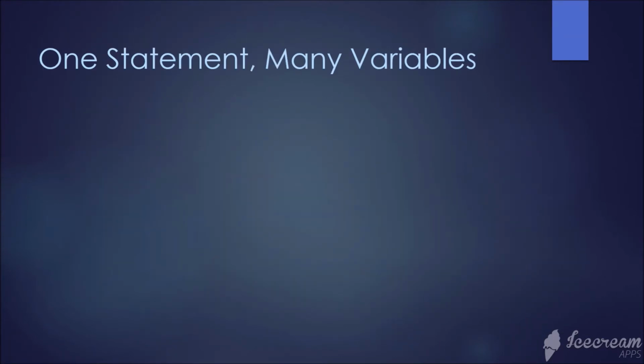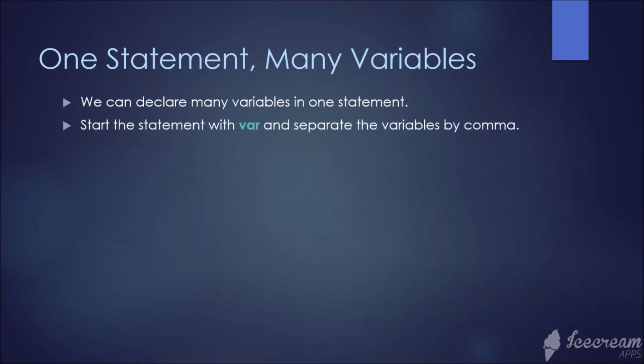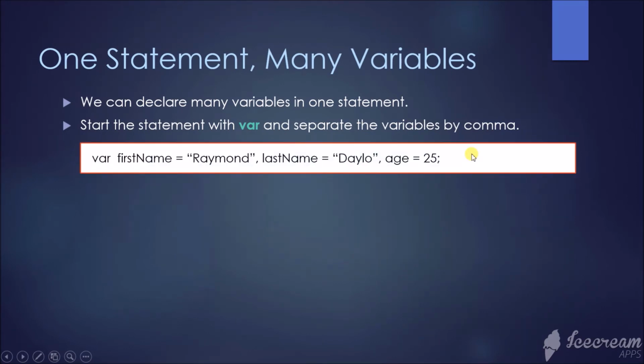Okay, so one statement, many variables. So we can declare many variables in one statement. Start with a statement with a var keyword, then separate the variables by comma. So ito yung sample natin. We declare the first name, then we assign a value, then we separate it with a comma.